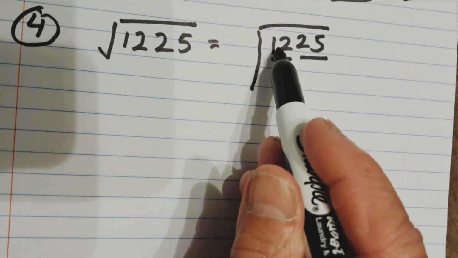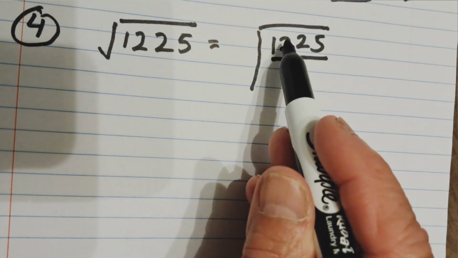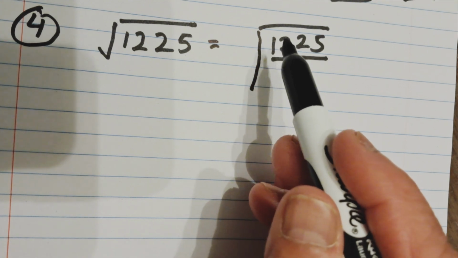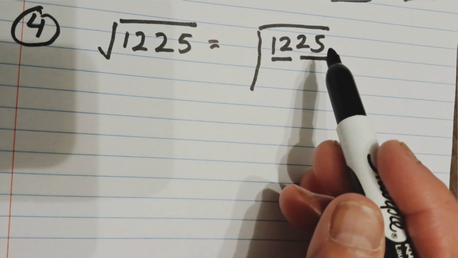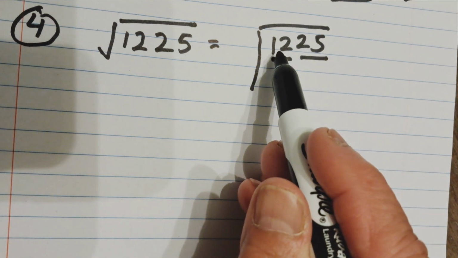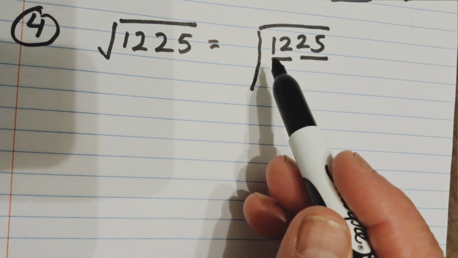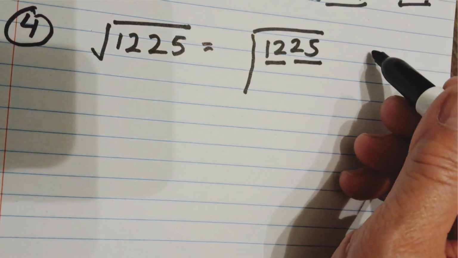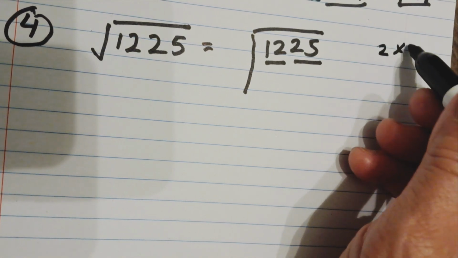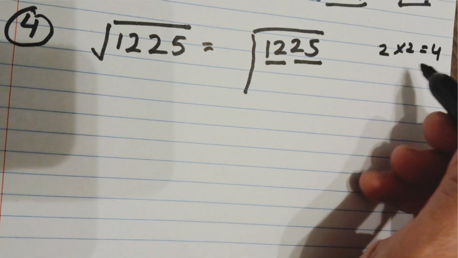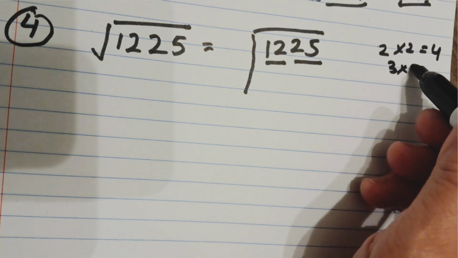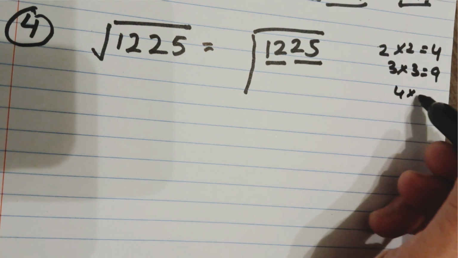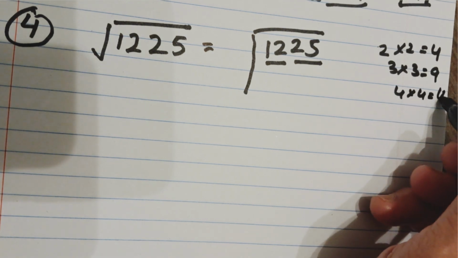So we have to take the timetable of the same number multiplied with the same number, which should be less than 12 or same as 12. So 2 times 2 is 4, 3 times 3 is 9, 4 times 4 is 16.